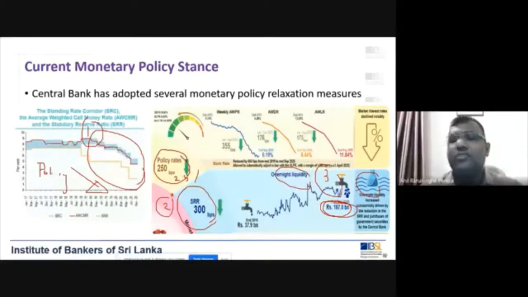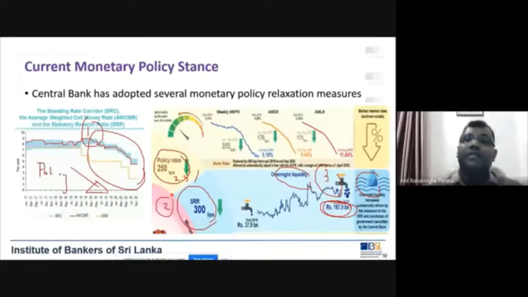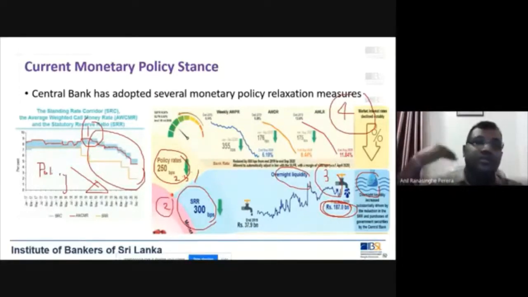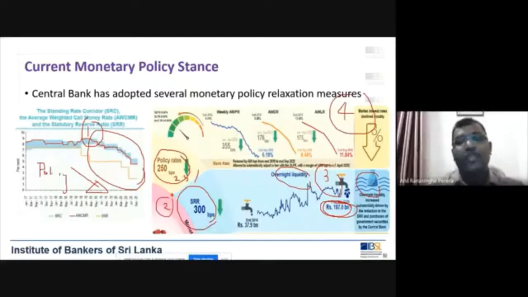Large amounts of money is injected to the economy by the central bank, and the central bank has encouraged banks to reduce their interest rates. Central bank has given some directions, some interest rate caps, requests, some warnings. Various measures were given to the financial sector to bring down the interest rate.